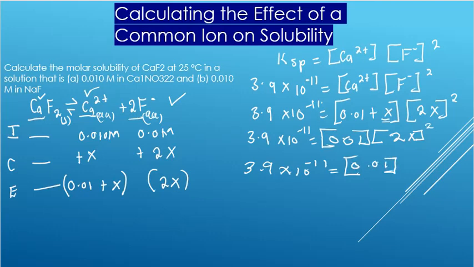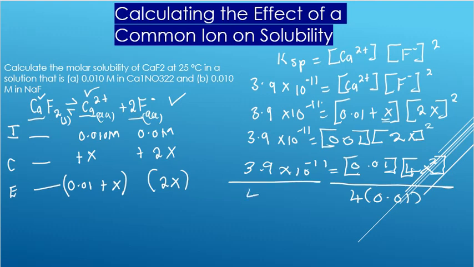0.01. All right, and everything being multiplied by 2x to the power 2, that is going to be 4x power 2. So that is going to be over 4 multiplied by 0.01, and also here we're going to have 4 times 0.01.